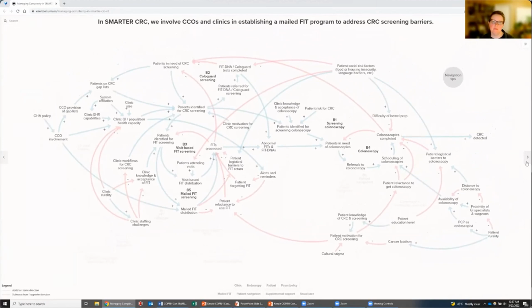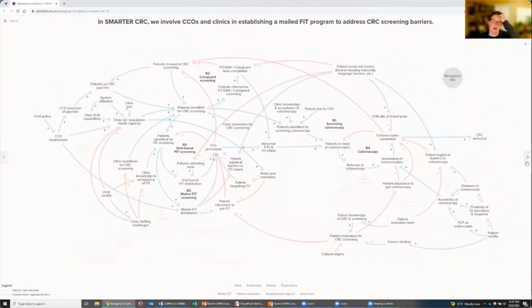So in Smarter CRC, we use a collaborative model to involve the CCOs and the clinics in establishing workflows for a mailed FIT, which you can see here, which usually involves the CCOs and clinics working together to identify patients for a bulk mailing of FIT kits, tailoring outreach materials, and then doing alerts and reminders.